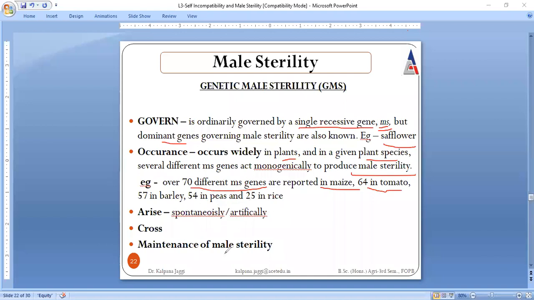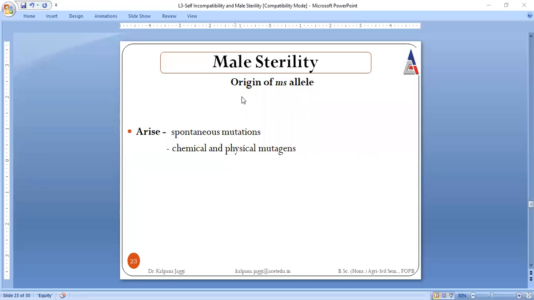And these genes arise either spontaneously, or they are the result of treatment with chemical and physical mutagens.